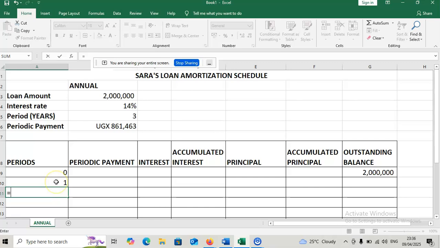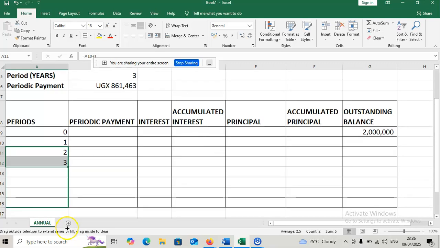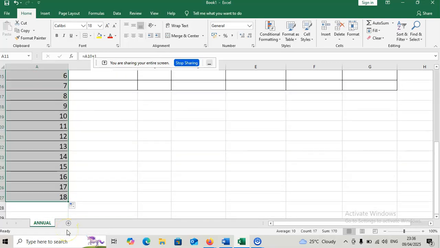You select the cell above, then press the addition symbol, plus, then press enter. Now this formula will help you to copy down the periods. See, I can get a 3. If I needed over 10 periods, I would still drag this down and I'll have the numbers there for me.